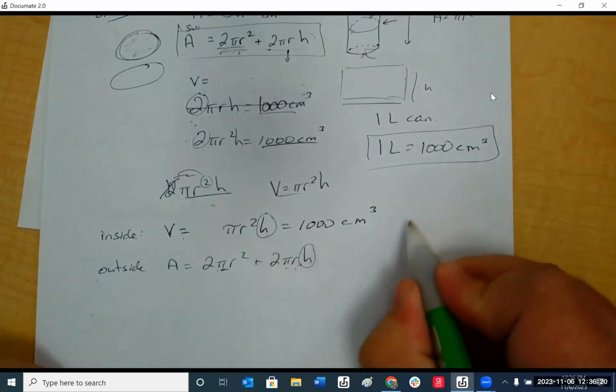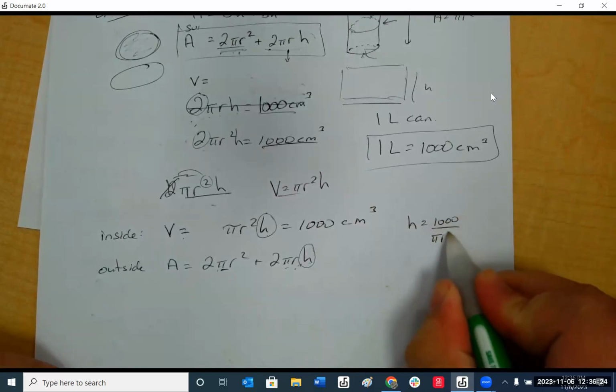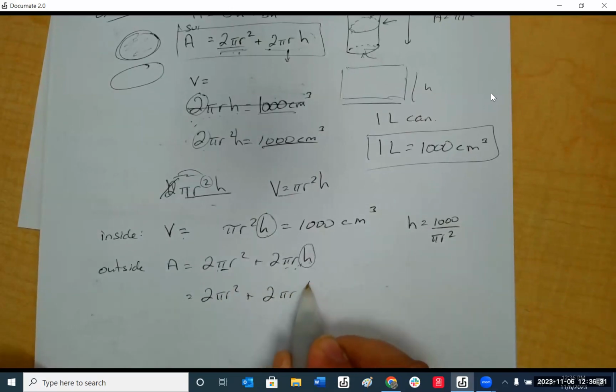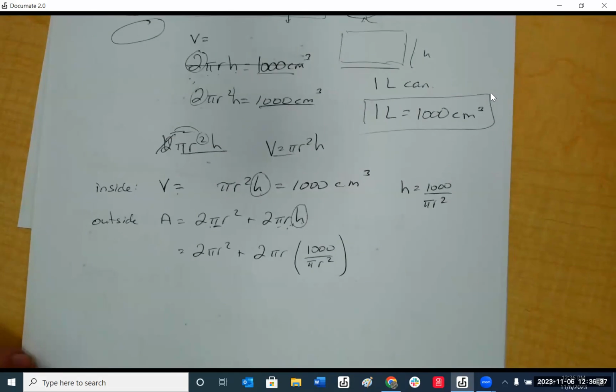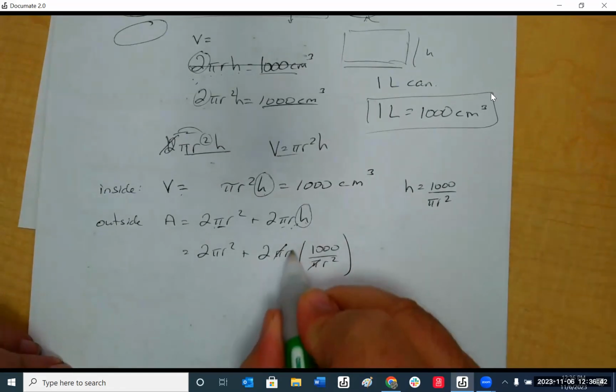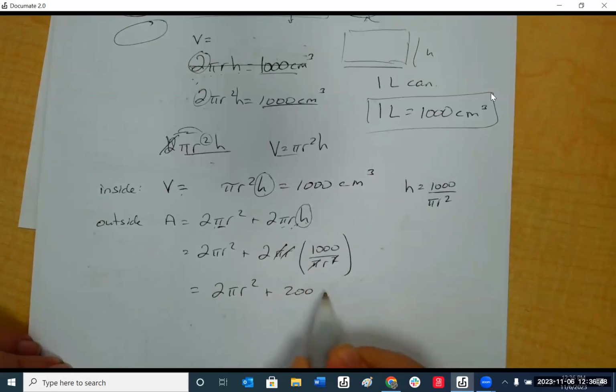So h would be 1,000 divided by pi r squared. So the pi's cancel, one of the r's cancel. So we have 2 pi r squared plus 2,000 over r.